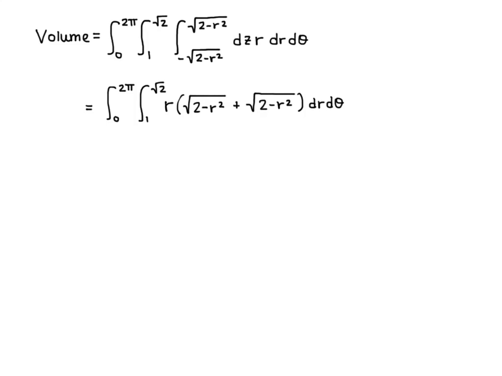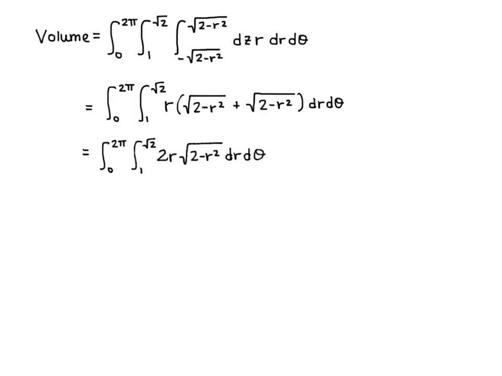So I'll bring my r out front from the r dr d theta part. So I have r times square root of 2 minus r squared plus square root of 2 minus r squared, because you're always subtracting the lower bound, and the lower bound's negative in this case, so it becomes plus. So that makes 2 of them. I'm adding them together, so there's 2 of them. So that becomes 2r square root of 2 minus r squared.